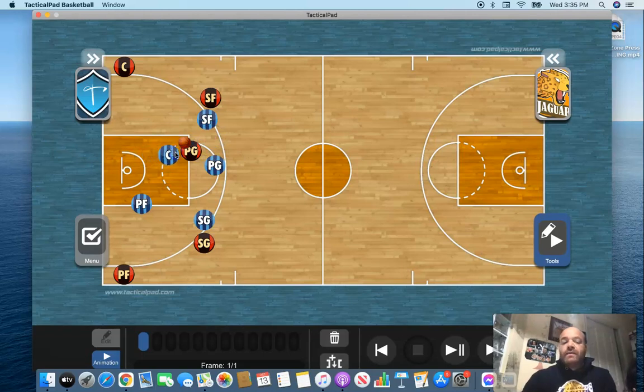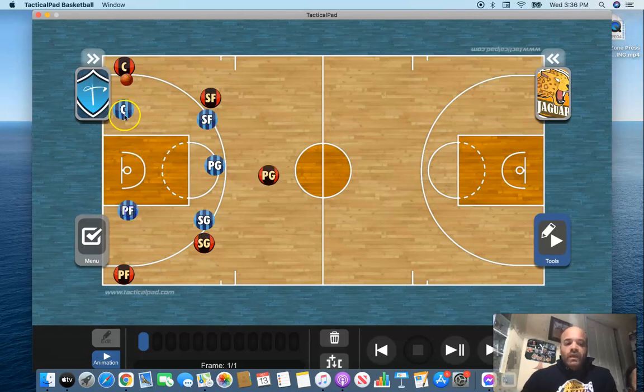The power forward would be helping the helper. So if this help person stepped up but also got beat, he would slide in and help the helper, and eventually force a pass out, which would mean a rotation back out, and everybody would rotate.